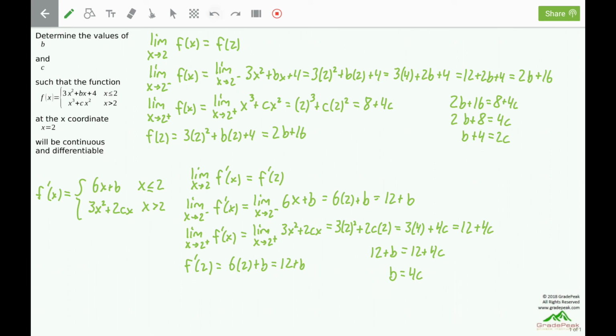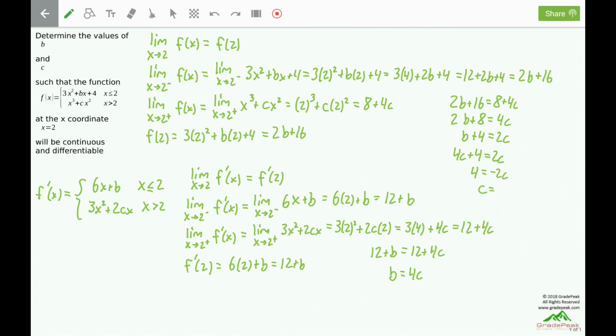The second one is simpler. So we'll start with this result for b, and we can take it and plug it in for b there. So that will give us 4c plus 4 equals 2c. We can subtract 4c from both sides, so 4 equals negative 2c.